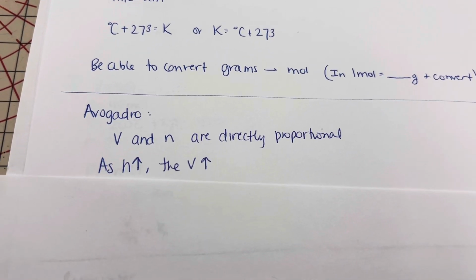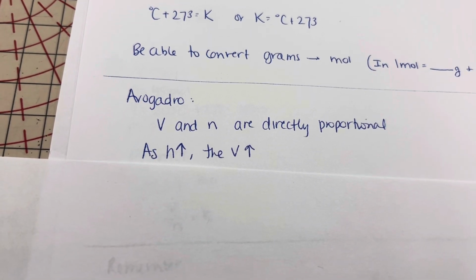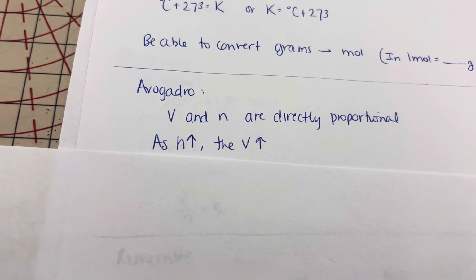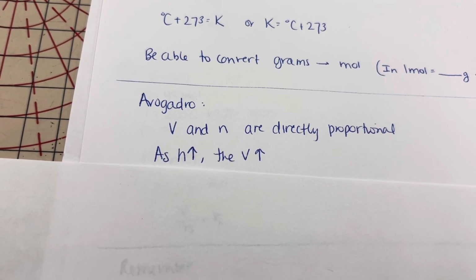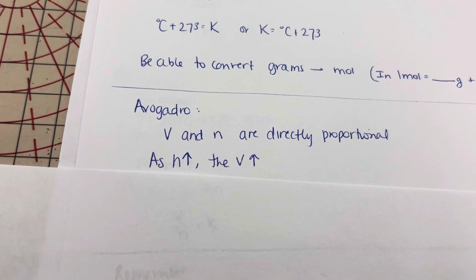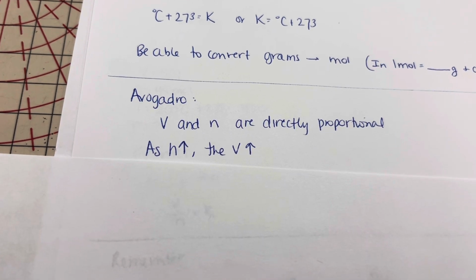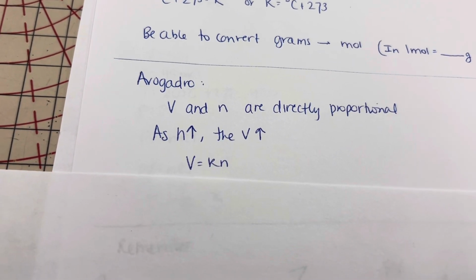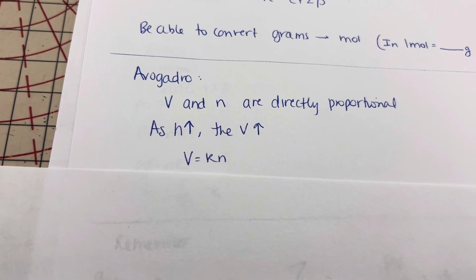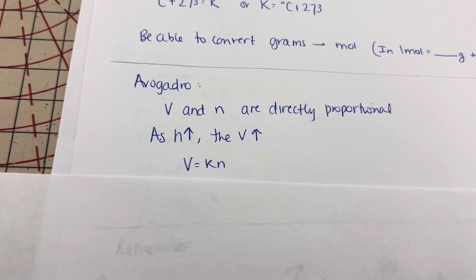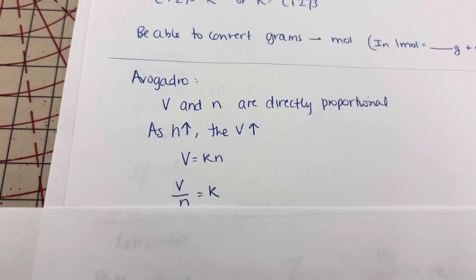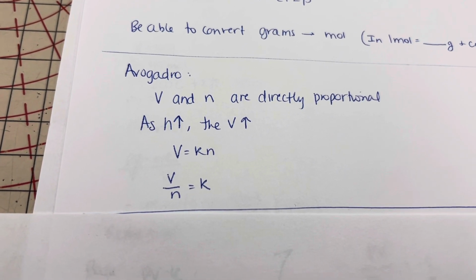What this means is if you increase the number of moles, or the amount of substance that you have, the volume or the space it takes up also increases. This is a directly proportional relationship, and we write that formula as V is equal to K times N, where K is a constant. We're going to solve this equation for K and get the equation V divided by N equals K.